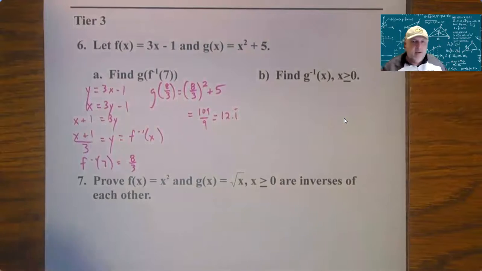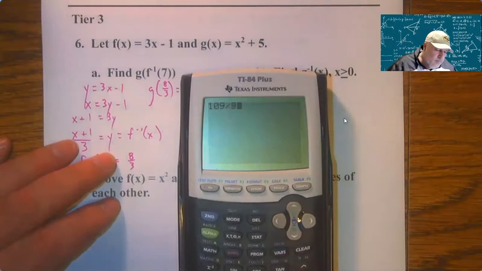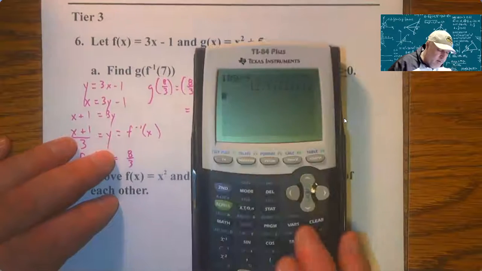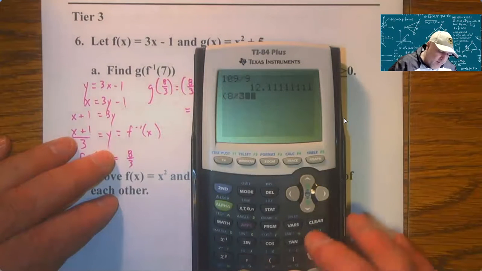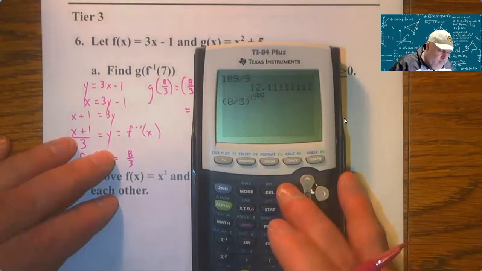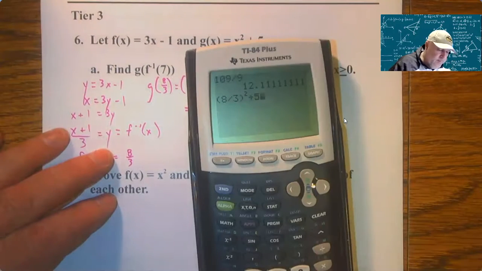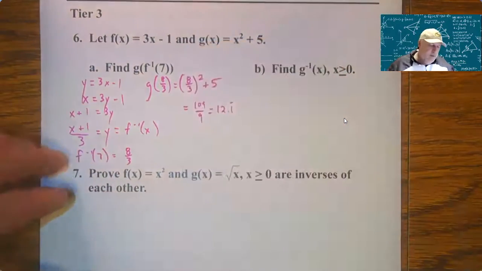We'll check that out and make sure. Okay, good. Let's do the other one, (8/3) squared plus 5. Indeed, that is right.